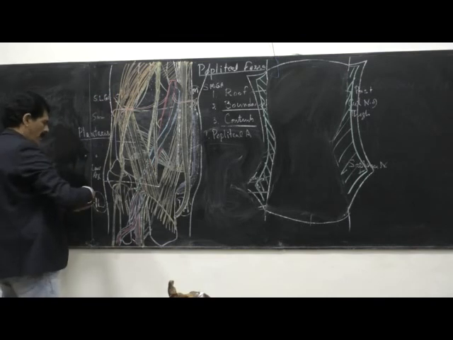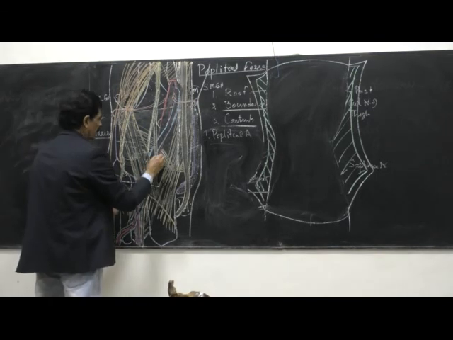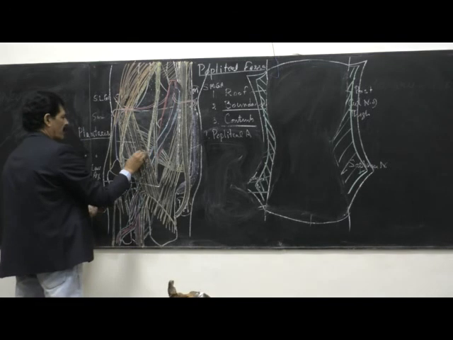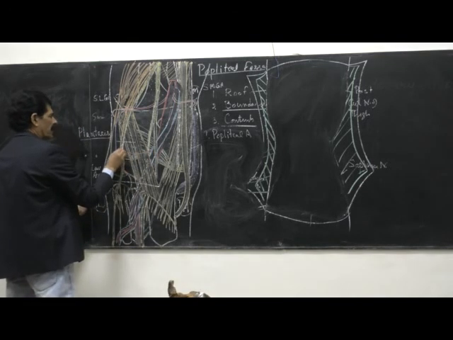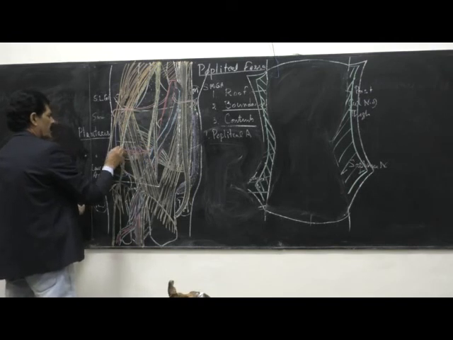Similarly, in the lower part, an arterial branch of the popliteal artery is given at the level of the lateral condyle, the lower part of the lateral condyle. It supplies the muscles in the way, and this artery also skirts around the lateral condyle of the femur and goes to the front of the thigh.